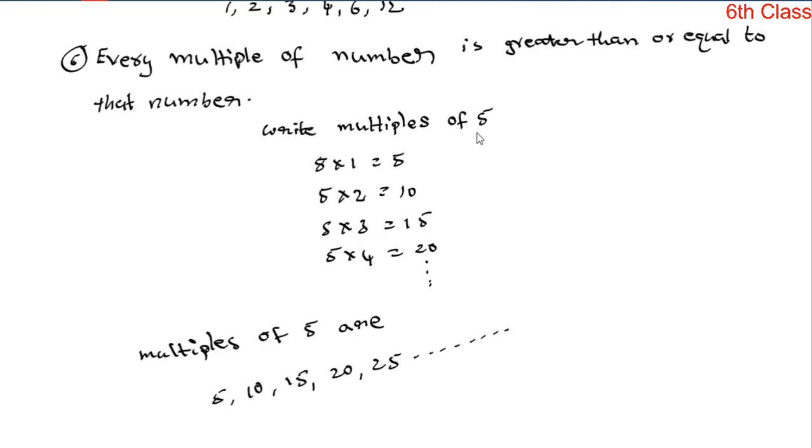Say yes or no? Yes. 15 is also greater than 5, 20 is also greater than 5, 25 is also greater than 5 and so on. That's why the property holds: every multiple of a number is greater than or equal to the given number.